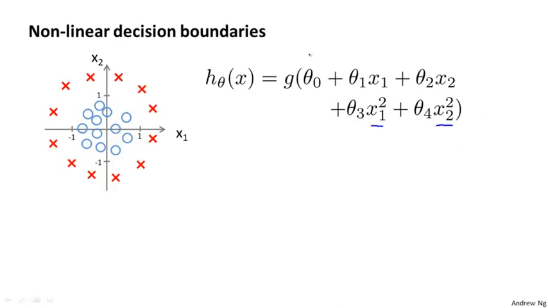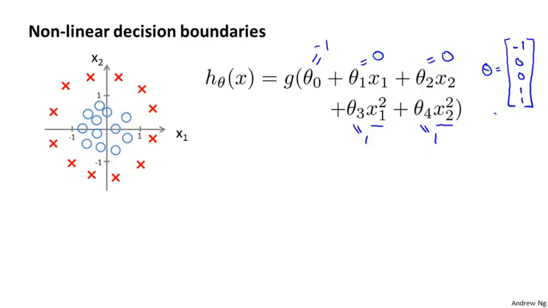But let's say that via a procedure to be specified, I end up choosing theta 0 equals minus 1, theta 1 equals 0, theta 2 equals 0, theta 3 equals 1, and theta 4 equals 1. What this means is that with this particular choice of parameters, my parameter vector theta looks like minus 1, 0, 0, 1, 1.